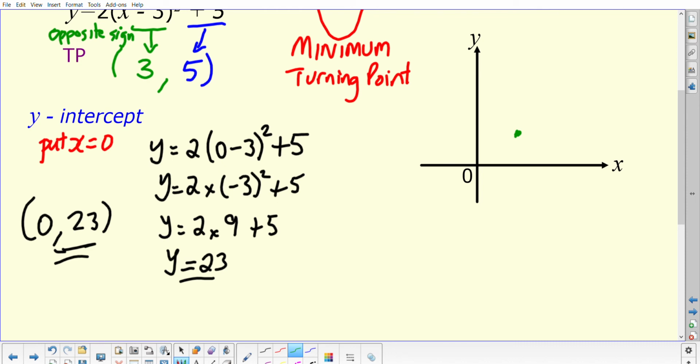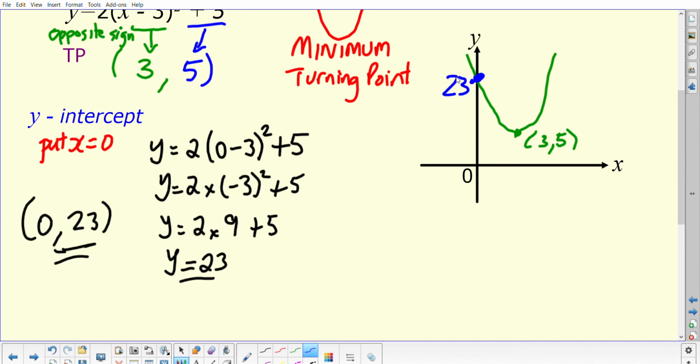We know it's a minimum, so the graph needs to be like that. So you need to draw a nice parabola shape, and label your minimum point with the coordinates beside it. So you've got (3, 5), and the other point that needs to be there is your y-intercept, and you need to label beside that, and that's it.